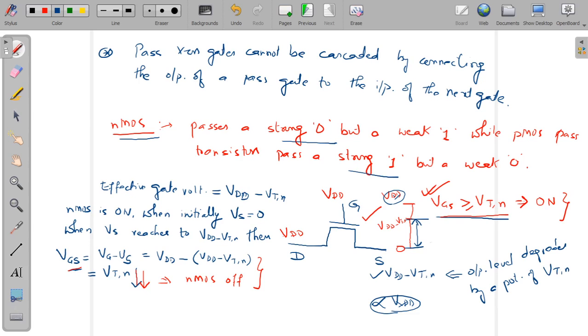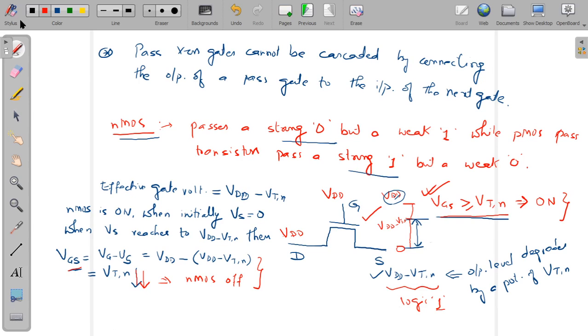Although you can argue that this will still be treated as a logic 1 value, if we take this in terms of absolute voltage levels, then it is definitely lower than VDD, and lower by what value? VTN. And this is just for the first stage, just for the one stage.